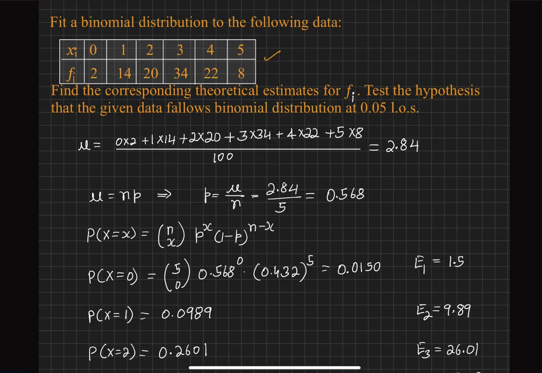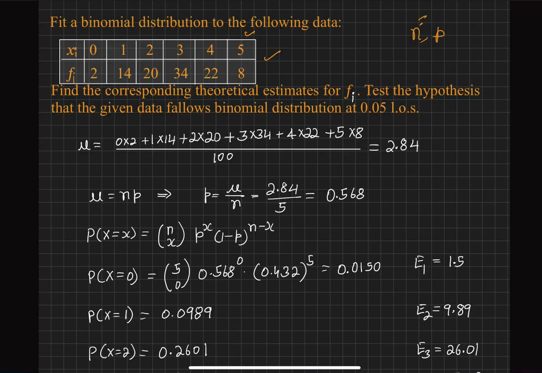Now if I want to fit a binomial distribution, we know that there are two parameters, the total number of trials n and the probability of success. Here we can observe there are a maximum of 5 successes.